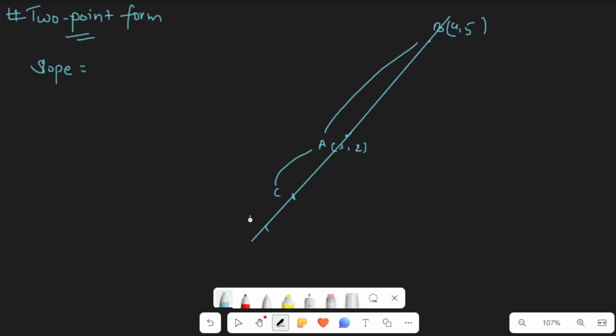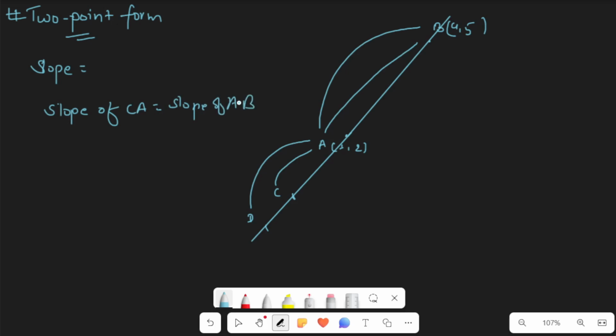Let's take another point here, D. If we calculate the slope of DA and the slope of AB, it will still be equal. So any point on this line would satisfy this. Right? The slope of CA would be equal to the slope of AB.